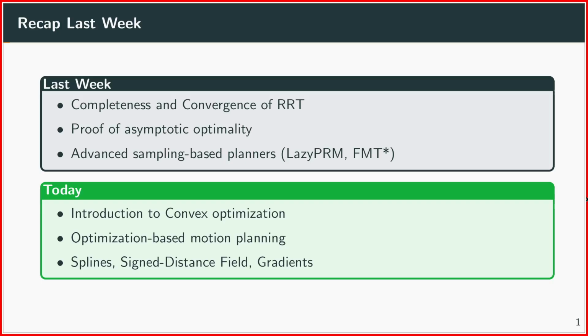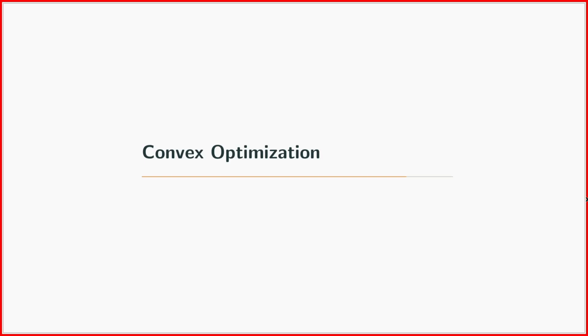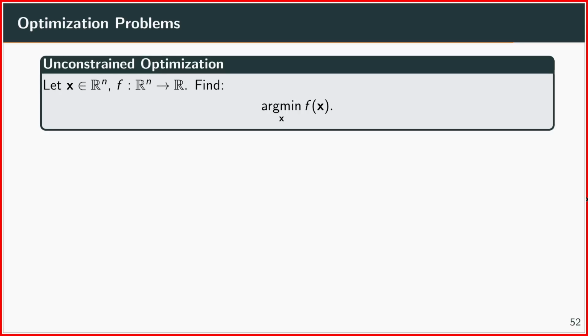Okay, and so first topic for today will be convex optimization. Let me first start with general optimization. So if you want to optimize, for example, a function f, which goes from R^n to R, this could be something like a cost function.